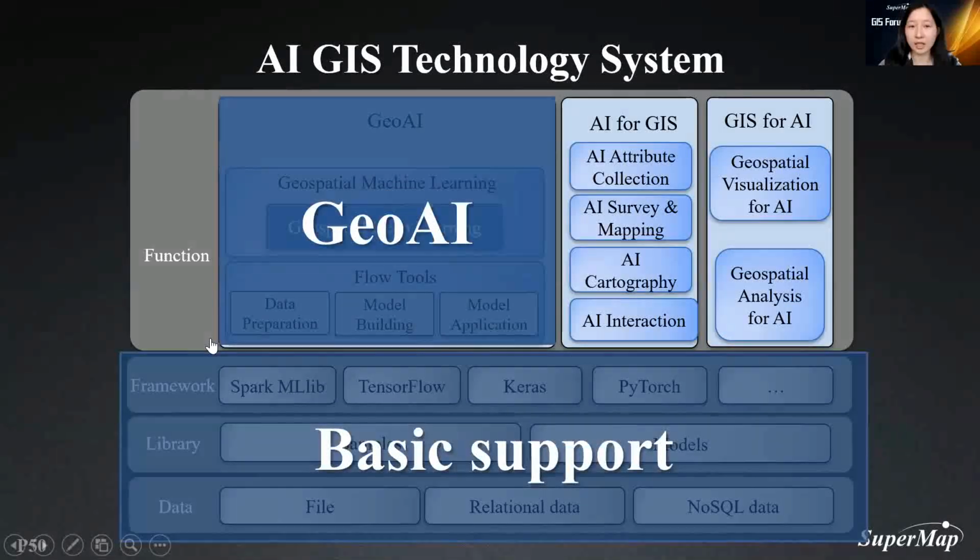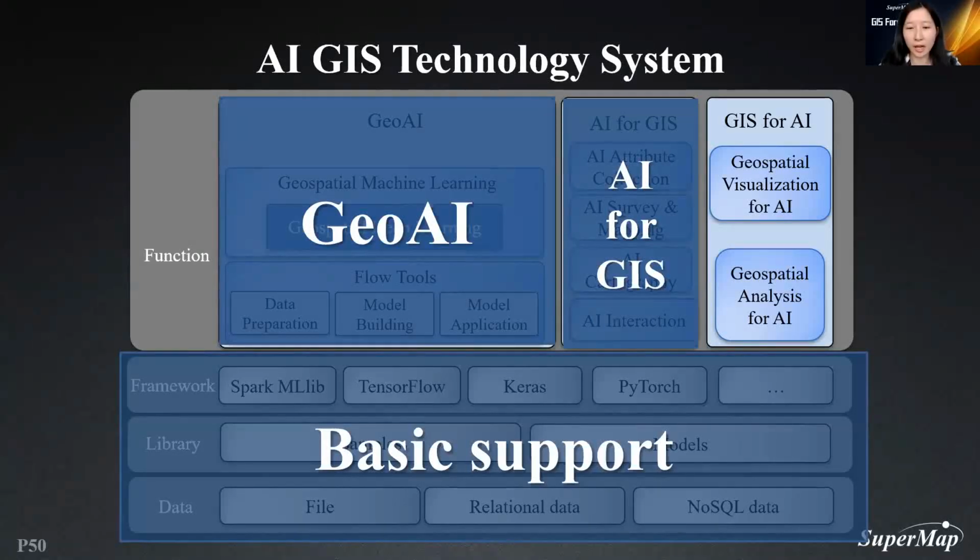And this is Geo AI. AI for GIS contains four functions: AI attribute collection, AI survey and mapping, AI cartography, and AI interaction. And this is AI for GIS.